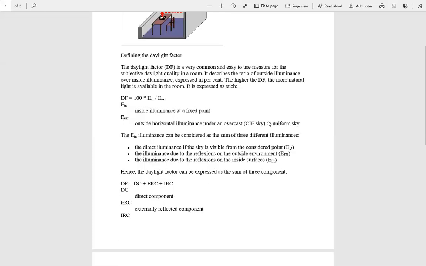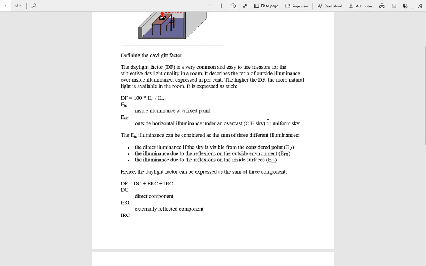The internal illuminance can be considered as a sum of three different illuminances: the direct illuminance if the sky is visible from the considered point, the illuminance due to the reflections on the outside environment, and the illuminance due to the reflections on the inside surfaces.